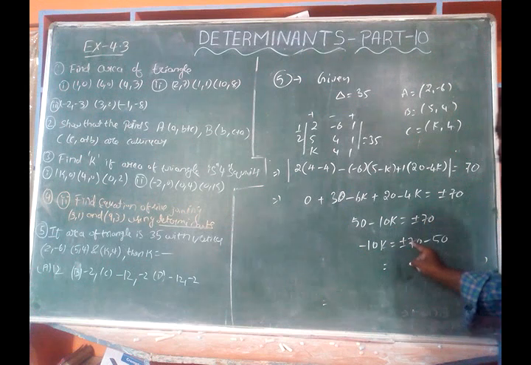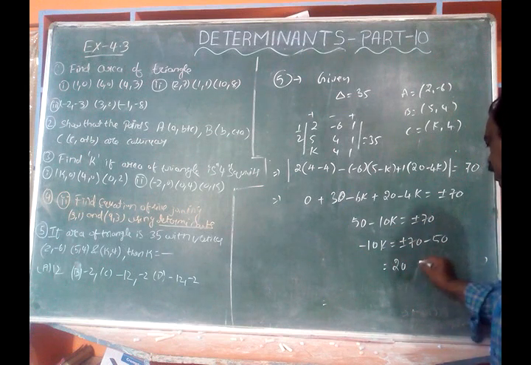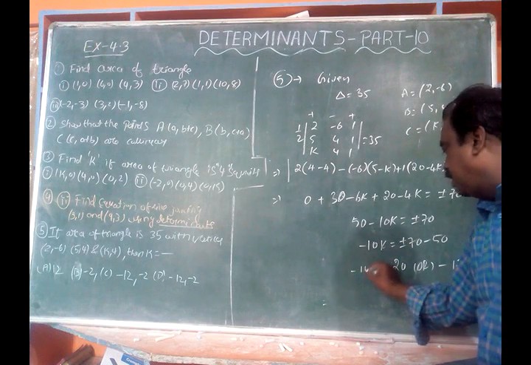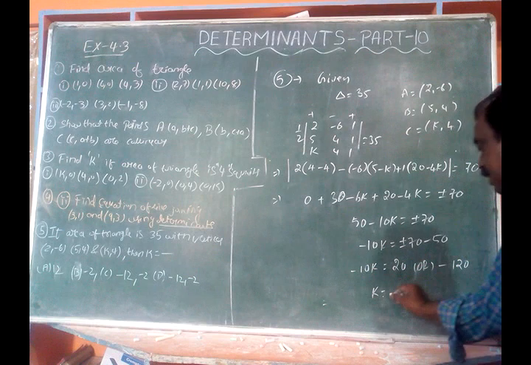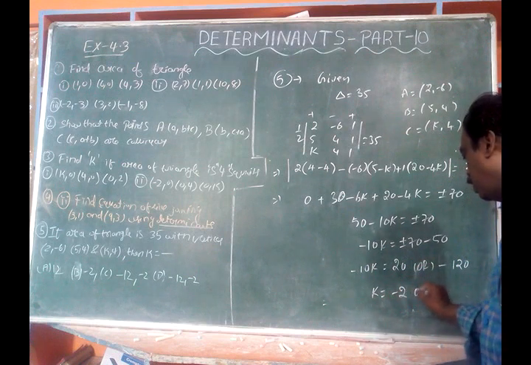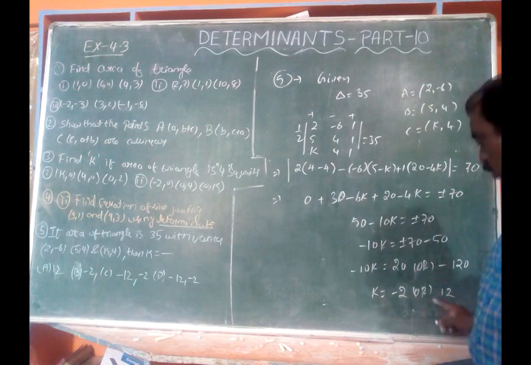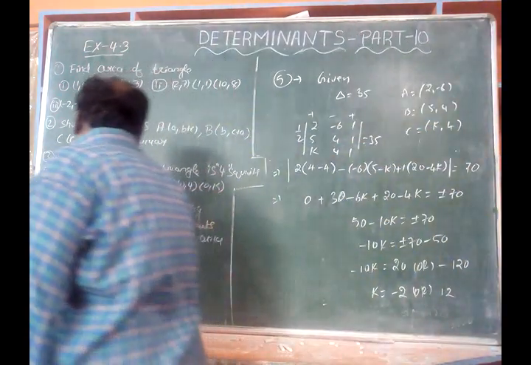Means it is plus 70 minus 50 is 20, or minus 70 minus 50 is minus 120. It is minus 10k. So k is equal to 20 by minus 10, which is minus 2, or otherwise k is equal to minus 120 by minus 10, which is 12. So 12 comma minus 2 is the correct answer.